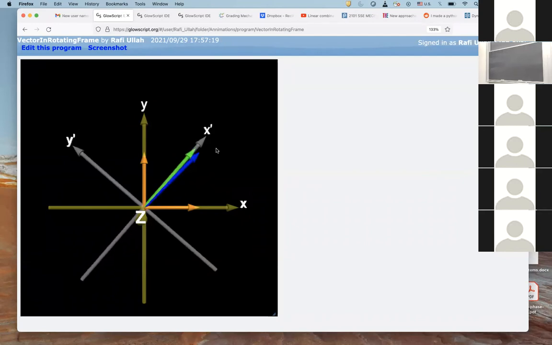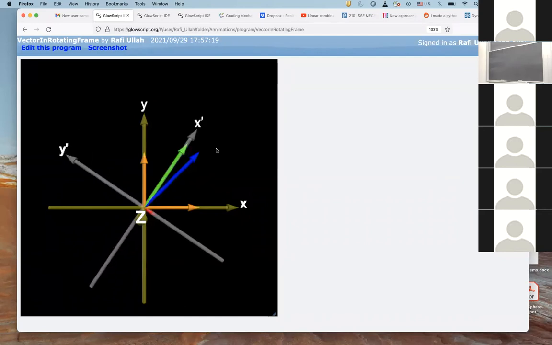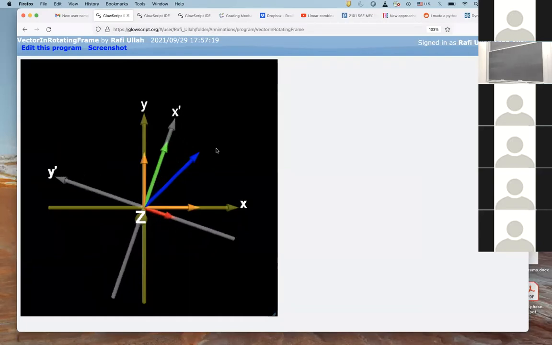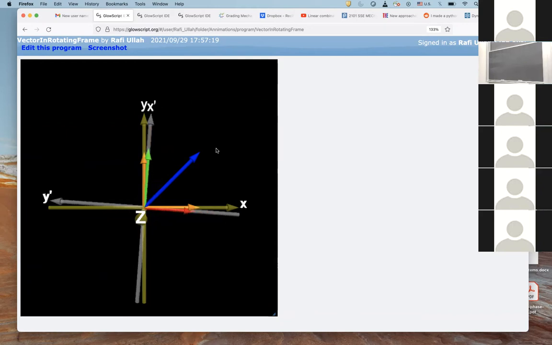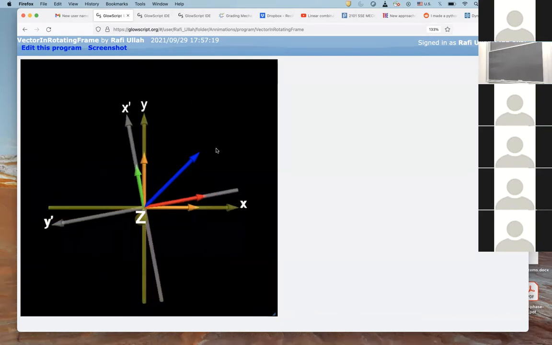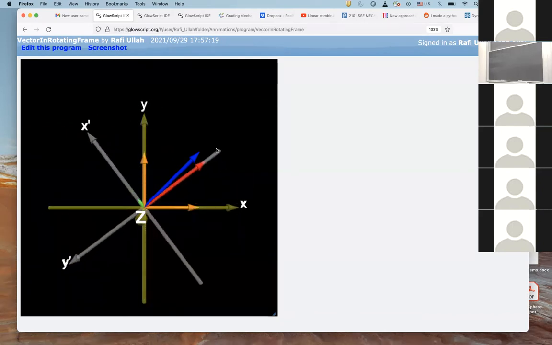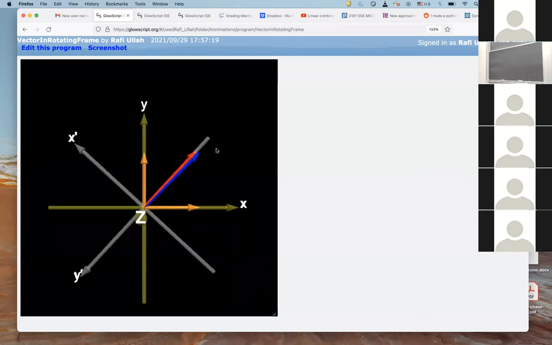Okay. And then as it goes further, the y component becomes negative in the prime coordinate and the x component stays positive, you see, and then the negative y component grows because now negative y is exactly aligned with the vector and no other component.